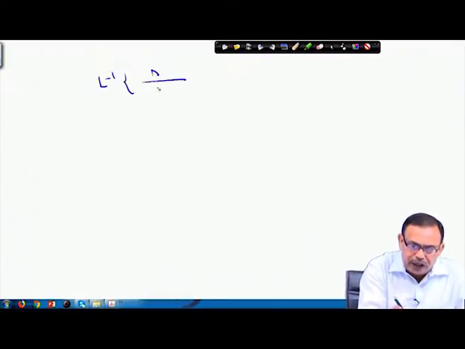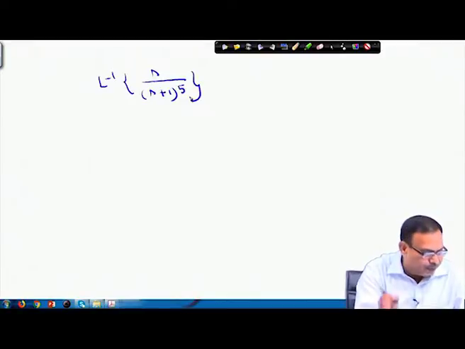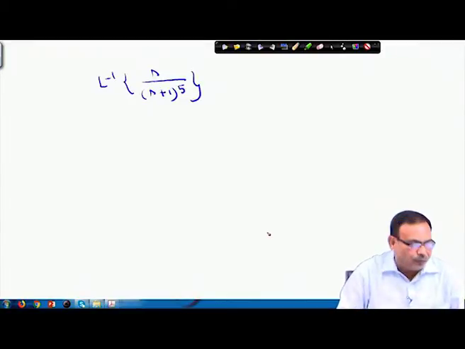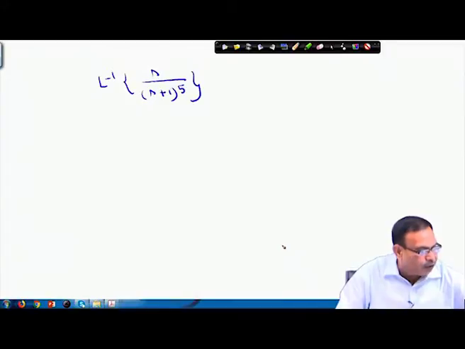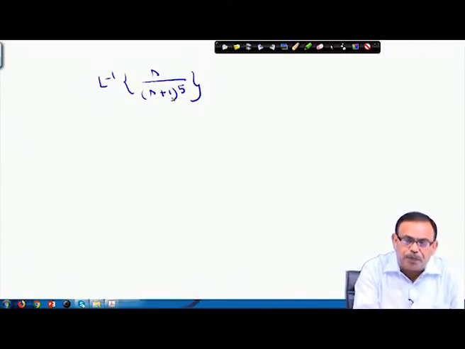So, Laplace inverse of s by (s plus 1) to the power 5. Obviously again for this particular function, you have s plus 1.